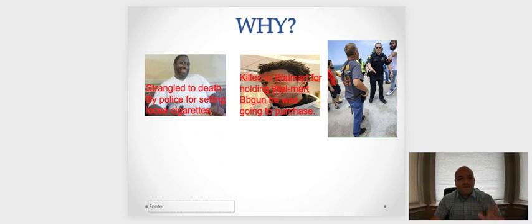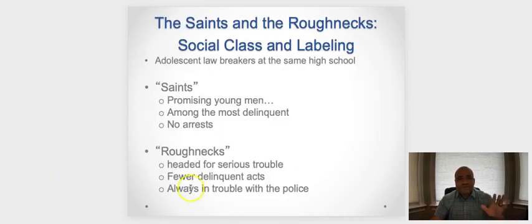Okay? There's also a dimension of social class. There's a very famous sociological study that was done that looked at two groups of teenage boys in the same town. Both of the groups of boys were 100% white, so there is no race dimension. It was only about class.